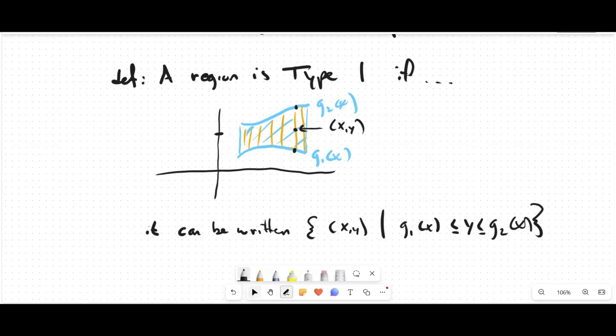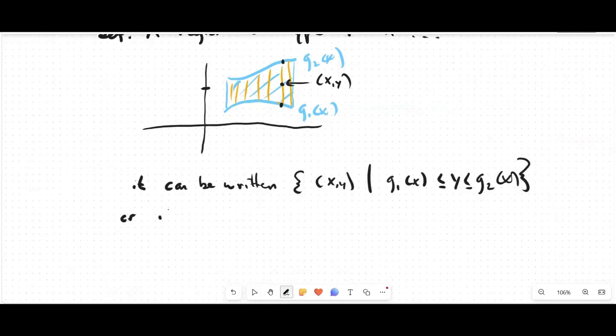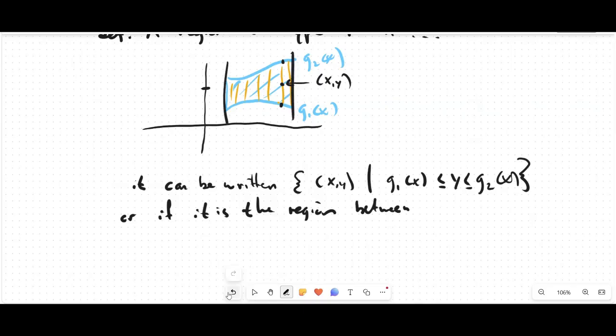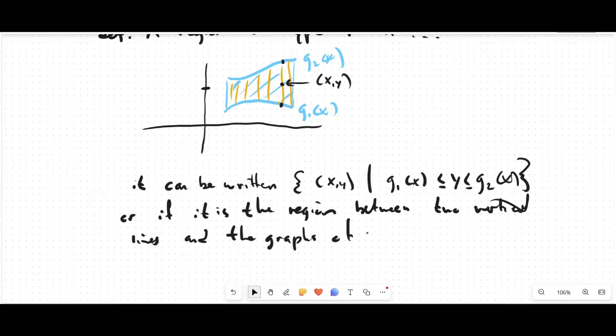Or you can just say, in mathematics, it is the region between two vertical lines, so these two, the left and right edges, two vertical lines, and the graphs of two continuous functions, G1 and G2.